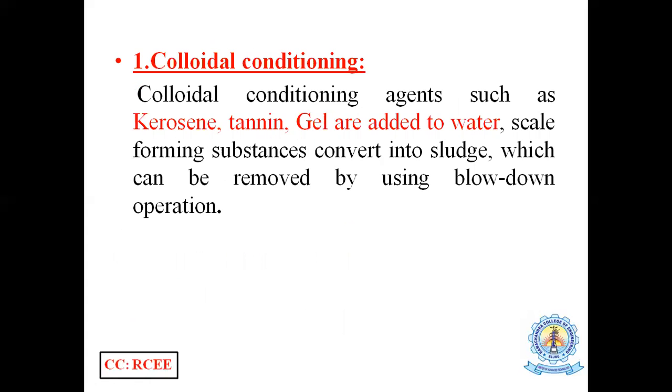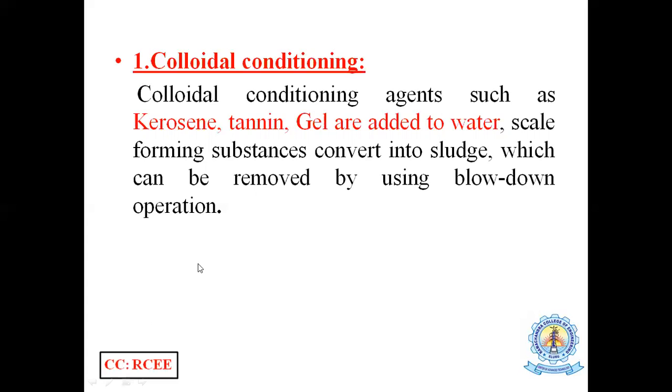Colloidal conditioning means the precipitate present in the boilers, which may be scale or sludge, is converted into a colloidal form by using suitable agents like kerosene, tannin or gels. Kerosene, tannin or gels are added to the water, so that the scale-forming substance is converted into a sludge, which can easily be removed by the blow down operation.